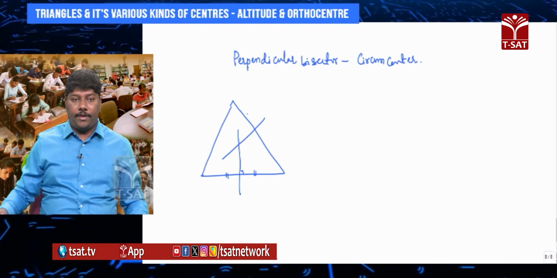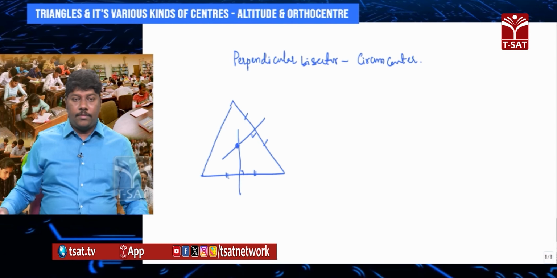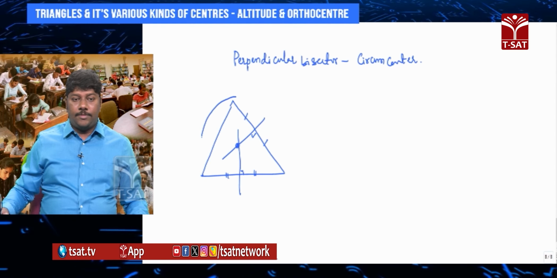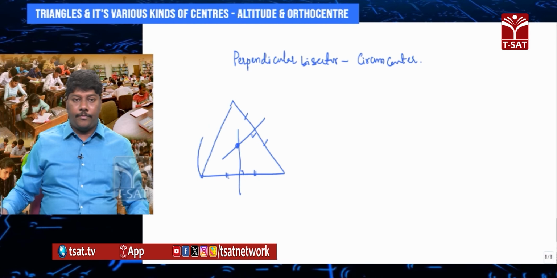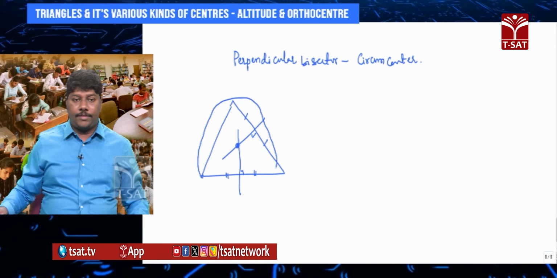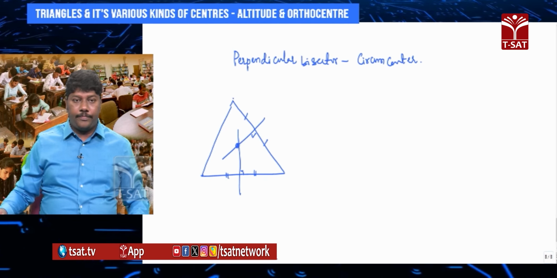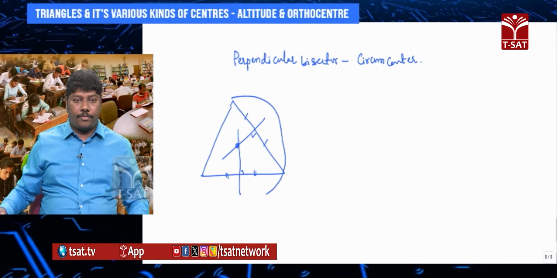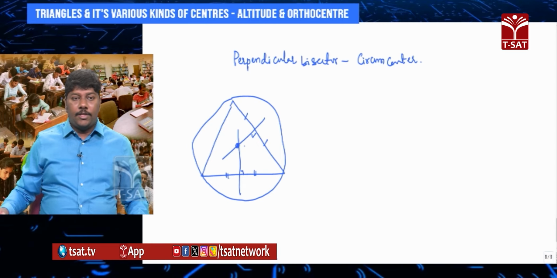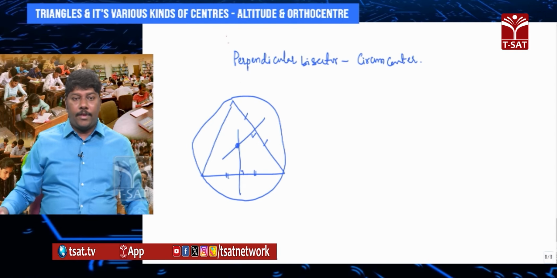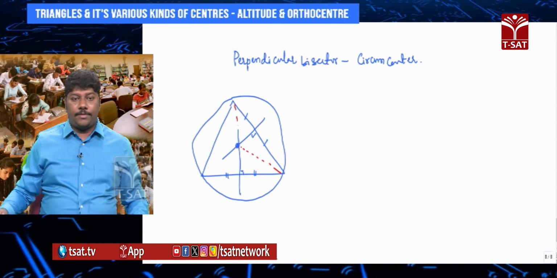Bisects the side and perpendicular to the given side. Circumcenter means there is a circle which passes through all the three vertices. So, if it passes through all the three vertices, like this it passes. When it passes through all the three, we can say circumcenter is equidistant from the vertices.